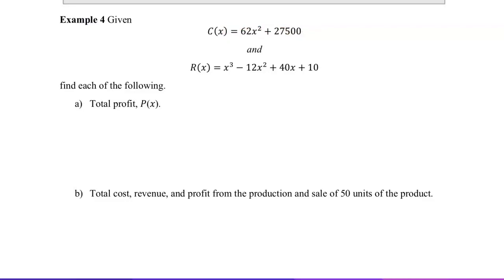Example 4 gives us the profit function, the revenue function, and part A is asking us to find the total profit function. So remember, profit equals revenue minus what? Cost. So we will subtract to find that total profit function.